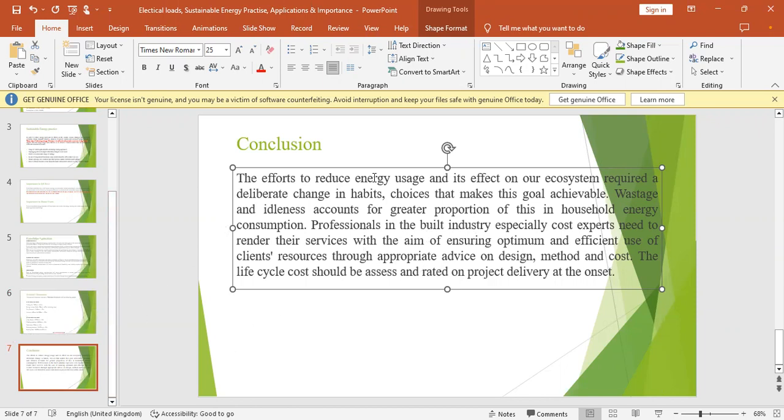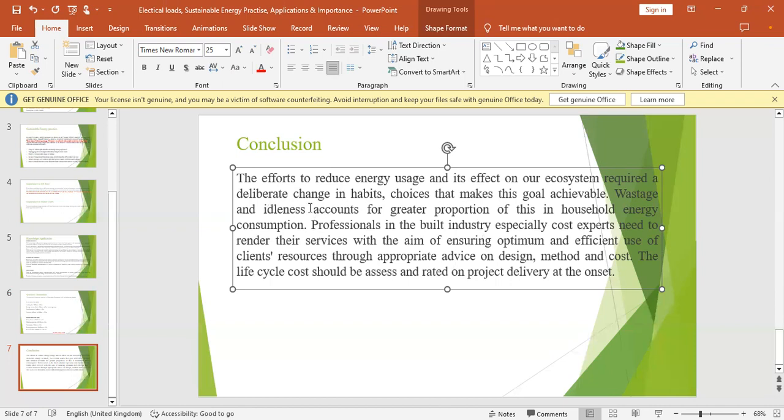So you have to require a deliberate change in habit. Anything that we don't need at a particular time, even if it's your room, you are not inside the room, you are not using the light at that time, it's better you off the switch so that there won't be wastage due to that.